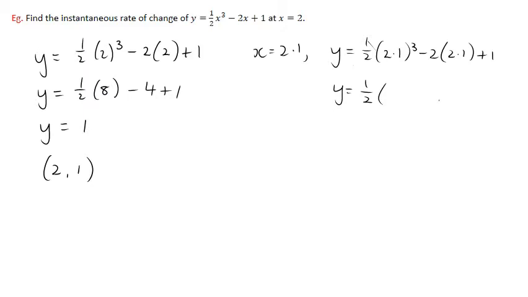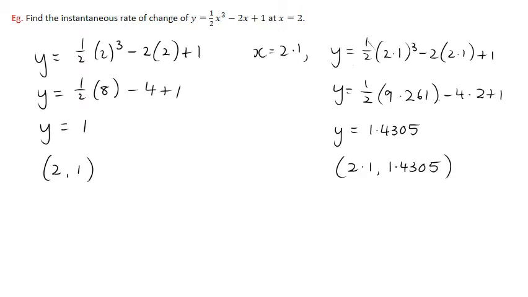I've done this one earlier, so that's 9.261 minus 4.2 plus 1. So y equals 1.4305. So the other point you've got is 2.1 and 1.4305. Right, you've got 2 points that lie on the line that are very close to each other.